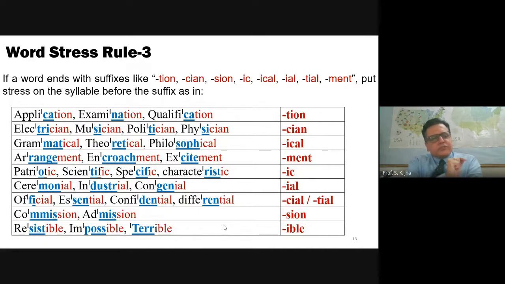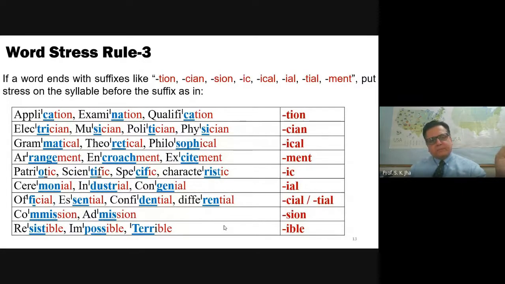You will put stress on the syllable which comes immediately before these suffixes. So you see here, all these blue highlighted syllables are taking stress. We are not giving stress anywhere else. We are giving stress on the syllable which comes before these suffixes.